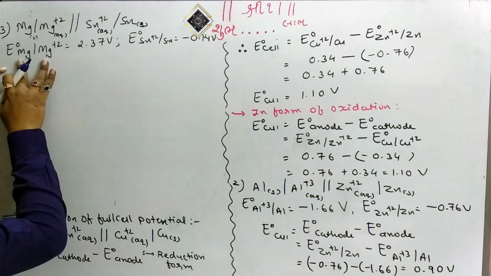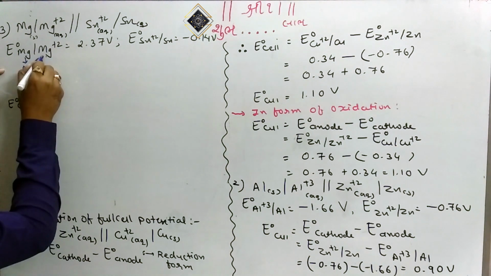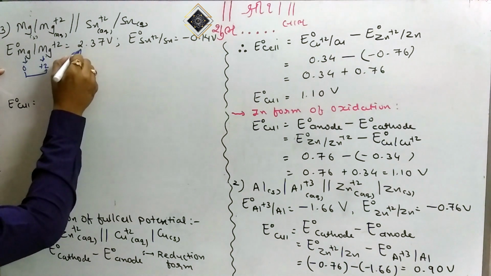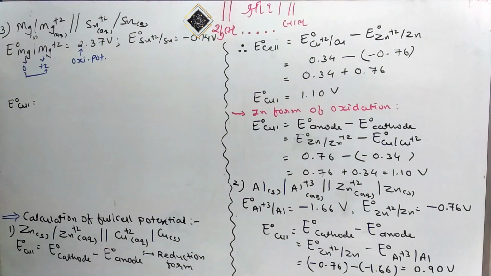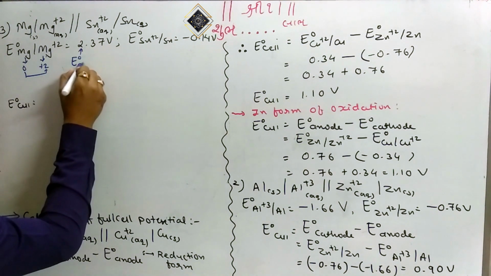That means 0 to +2. This is an oxidation reaction, so this potential is an oxidation potential, or you can write it as E0 oxidation.